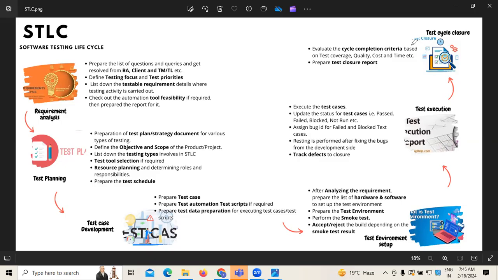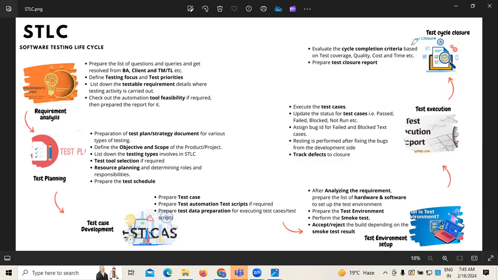Once test execution is done, the next is test cycle closure. For this closure, we have to prepare a closure report. We have to make sure of the test coverage we have, the quality of testing done, the cost involved, and how much time it took to complete. This all comes under the test cycle closure part.